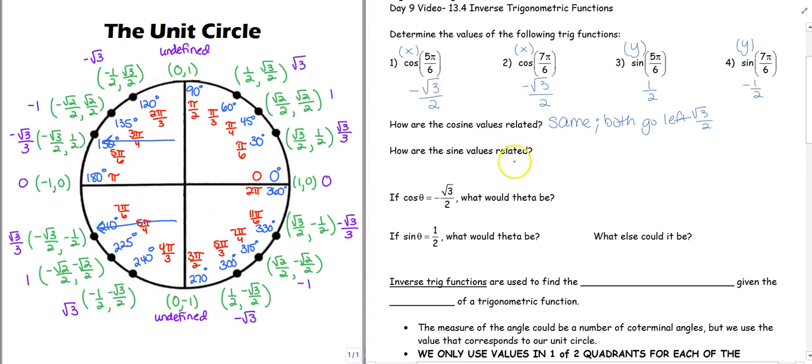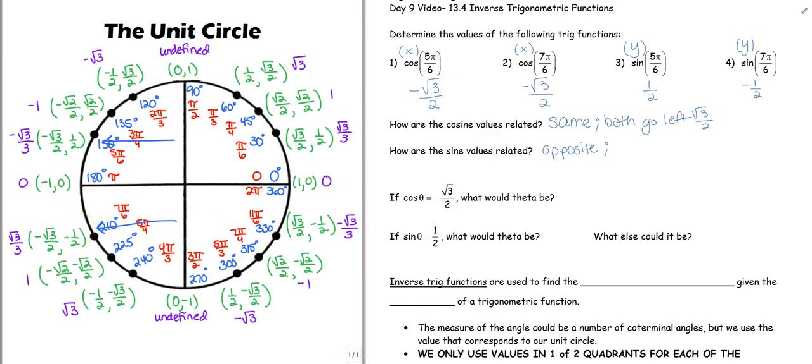How are the sine values related? When I look at the two sine values we have, they are opposites of each other. So let's think of why that happened. If I'm looking at the sine value of 5 pi over 6, the sine value is a positive 1/2 because I'm going up 1/2. And the sine value of 210 or 7 pi over 6, I'm going down 1/2, which is why it's a negative 1/2.